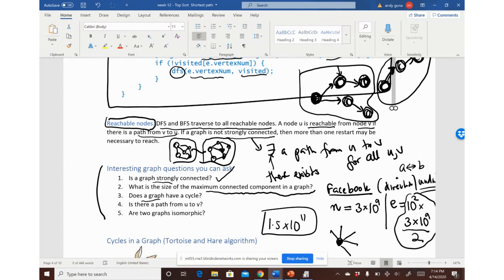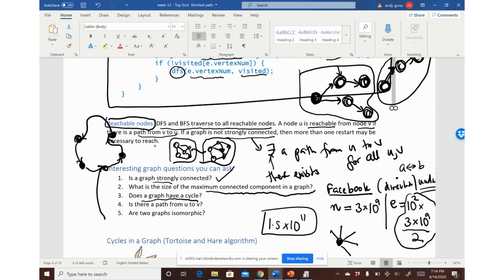Then we can have a question like: if you start with a friend, and that one has a friend, and that one has a friend, and eventually that leads back to you, we call that a cycle. So how do we check for cycles in the Facebook graph? You definitely have cycles in Facebook, there's no question about that.